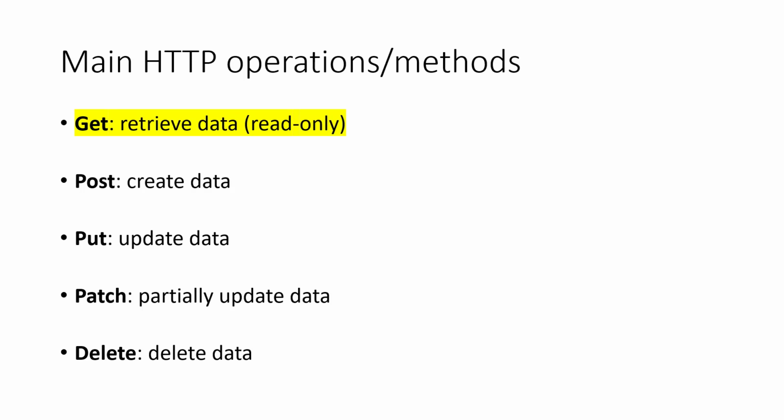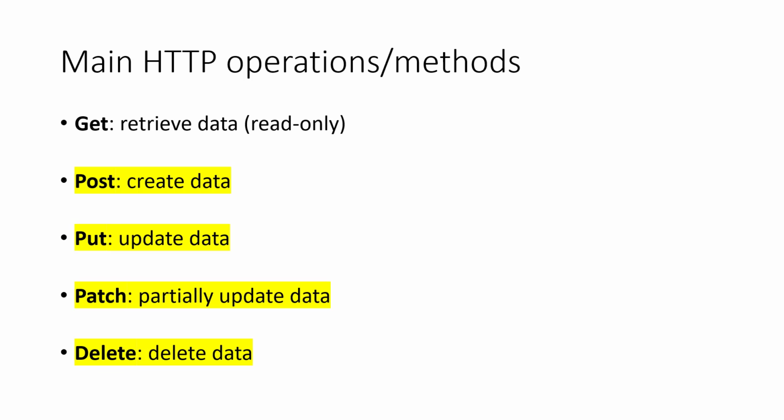But there are other main operations where we can send data or request bodies to the API. We'll be covering the other four methods below: post, put, patch, and delete. Among them, the more common operation is post, which is used to send and create data. So in this video, we'll first learn about the post operation.